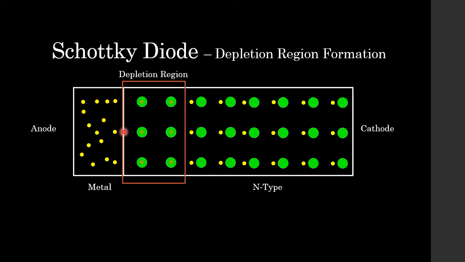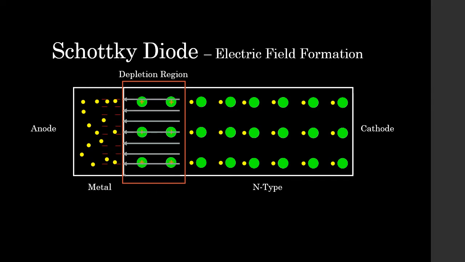So the free electrons that were at this point have now moved over into the metal. You can see the concentration of free electrons in the metal has gone up, and that has created a depletion region because it's depleted of any free charge carriers. And here we have some immobile positive ions in our depletion region. And because the depletion region has been set up, and we have a whole lot of electrons on this side of the metal, these electrons actually set up a wall, or a negatively charged wall.